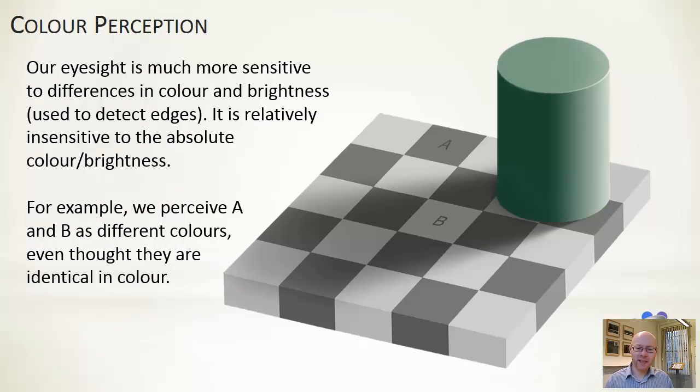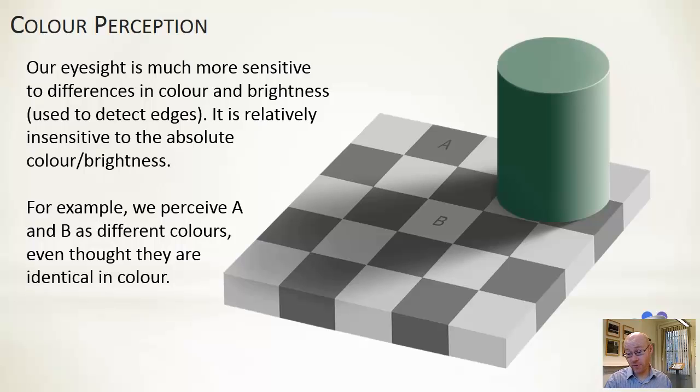For our eyesight, to a good degree, when we're looking at things, we try to detect and identify objects. So things like edge detection, we're trying to define boundaries between objects. That's quite a strong drive within our perception. What is less of a strong drive is the absolute level of brightness that something has, or the colour to a degree that it has as well.